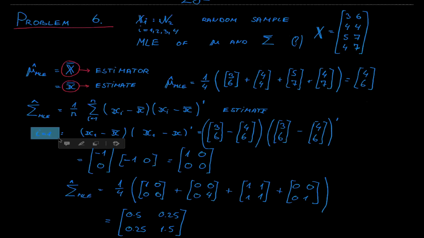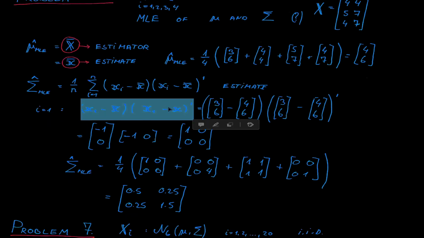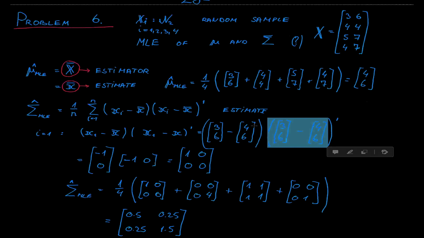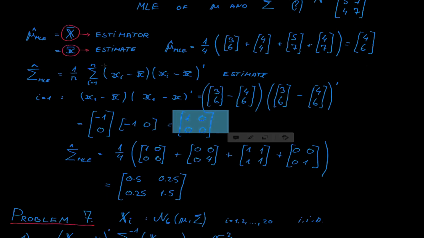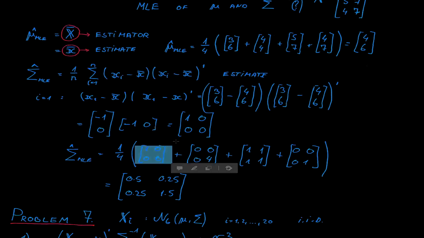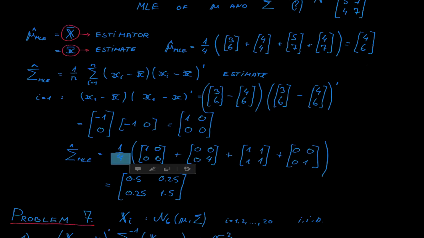Because we needed to do it by hand, for the first one, x1 is (3, 6), our estimate of the mean is (4, 6), and then we need the same but transposed. So (minus 1, 0) times (minus 1, 0) transposed, and we get this matrix. Similarly we do it for each of the 4, and we get this matrix for 1, 2, 3, and 4, and just divide by n.